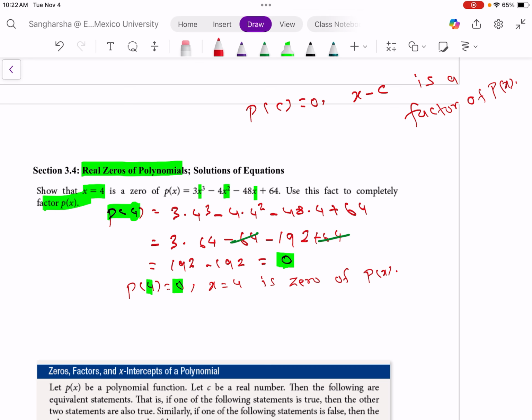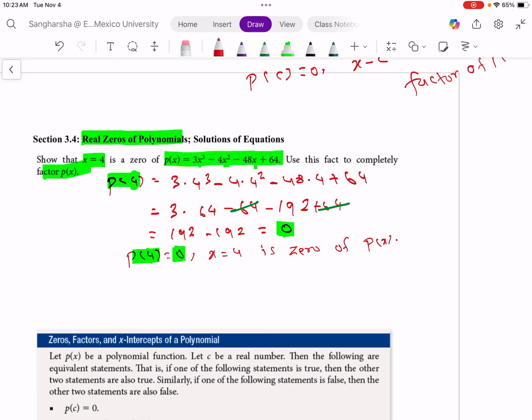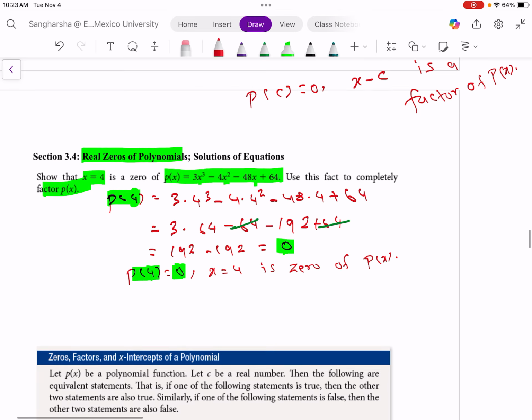Now here p of 4 is equal to 0. What is one factor for this polynomial? If p of 4 is equal to 0, then what is the factor according to the factor theorem?